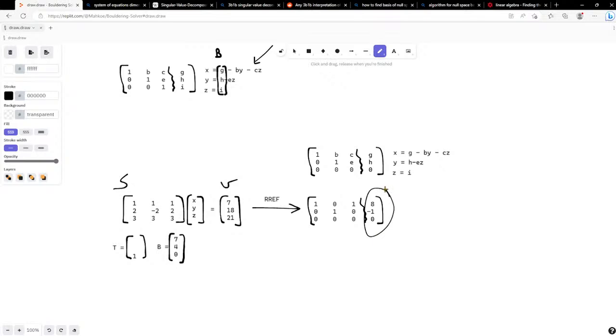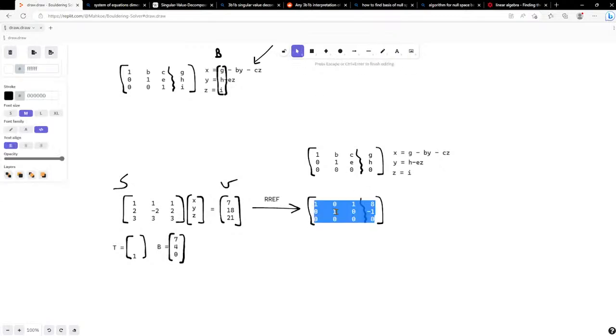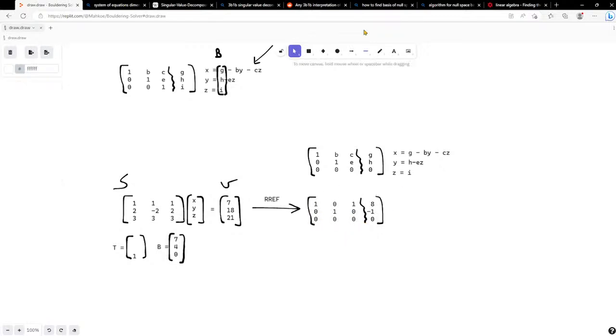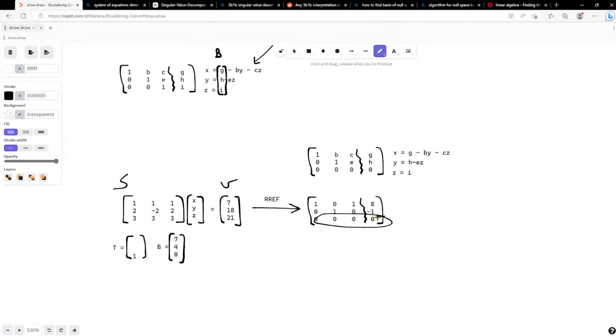So I have one free variable, which is this, right? I have two determined variables. So this doesn't matter. We don't care about that. It makes no difference to us.